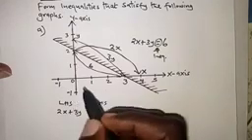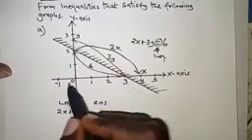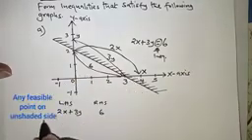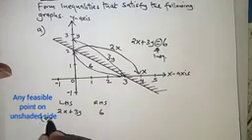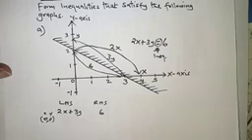My favorite point is usually the origin, if the line doesn't pass through the origin. So we'll take point 0, where x is 0 and y is also 0.